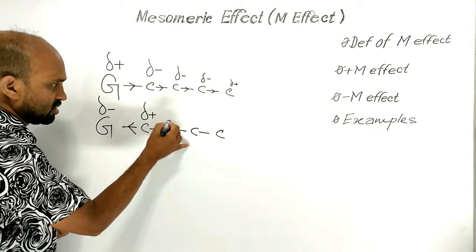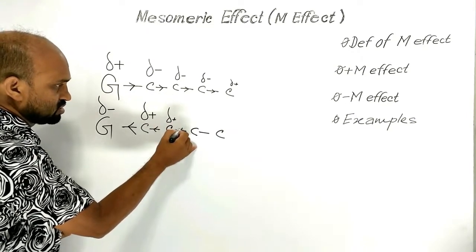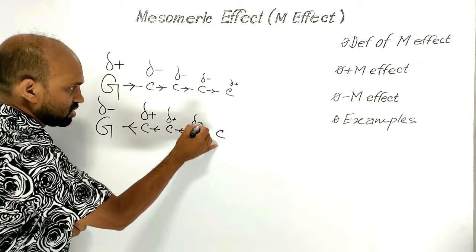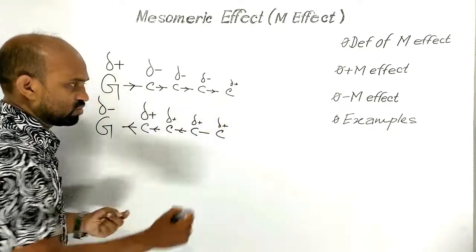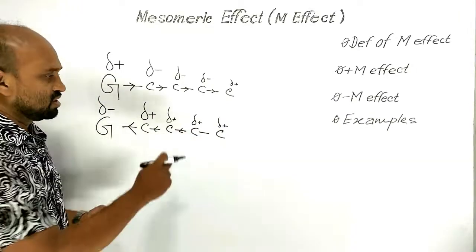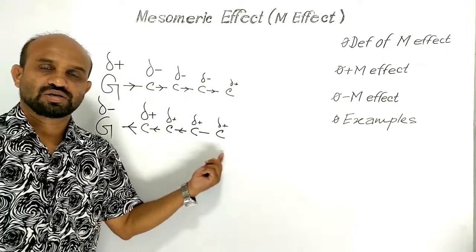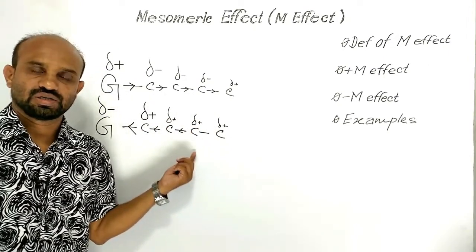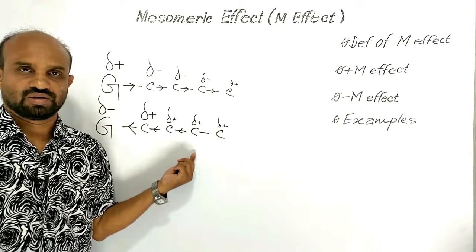And similarly, this carbon becomes partially positively charged. This carbon becomes partially positively charged. Similarly, this carbon becomes partially positively charged. But the amount of positive charge decreases gradually. In this case, sigma bonds are involved as well.